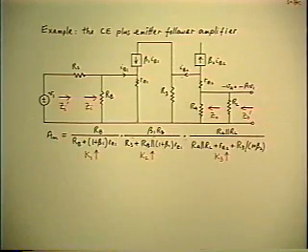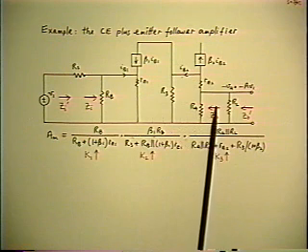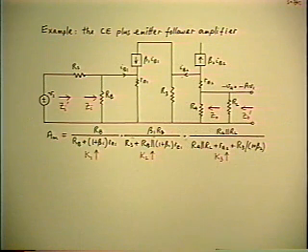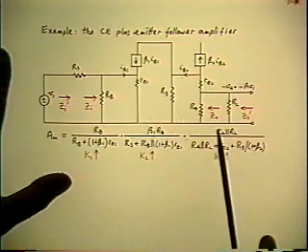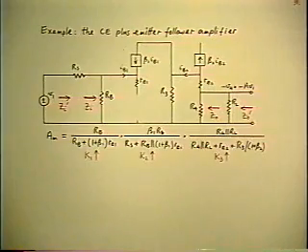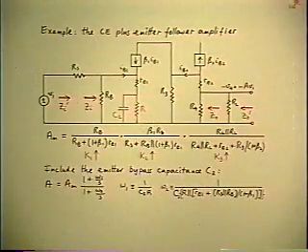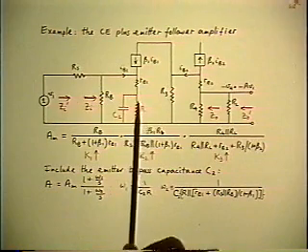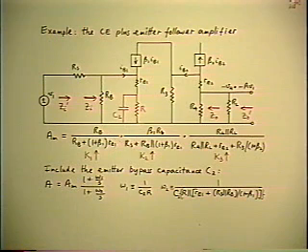So starting with the same model that we've already had for the common emitter and emitter follower stage, let's put in some simple frequency dependence in the form of the emitter bypass capacitor. So we now want to discuss the circuit where we have the external emitter stabilizing resistor and the bypass capacitor C2.